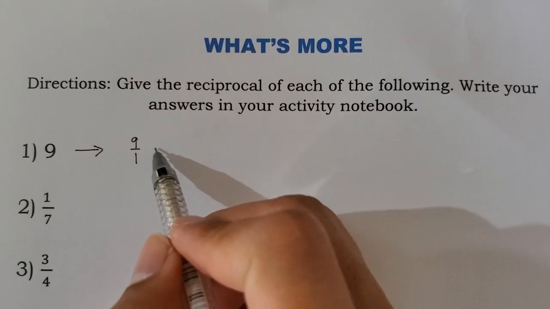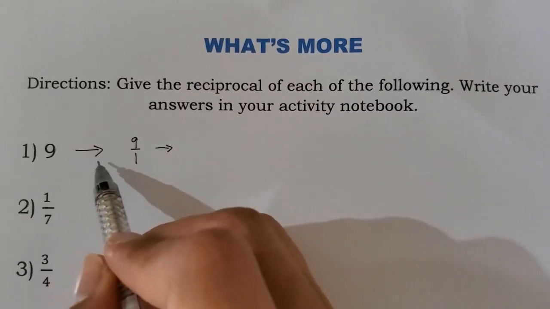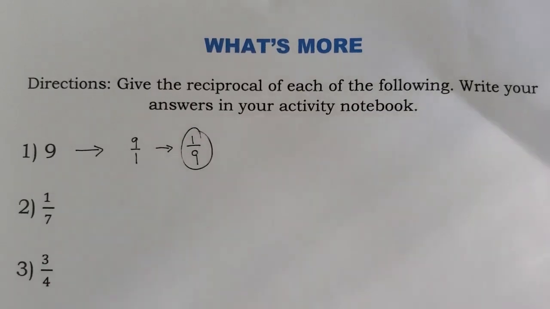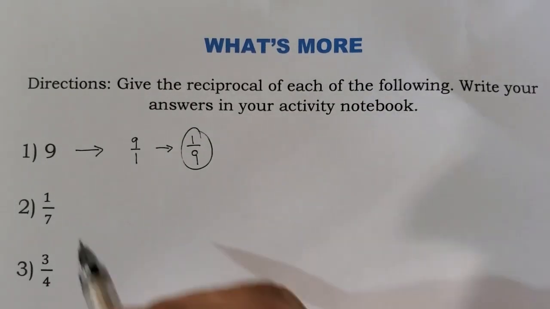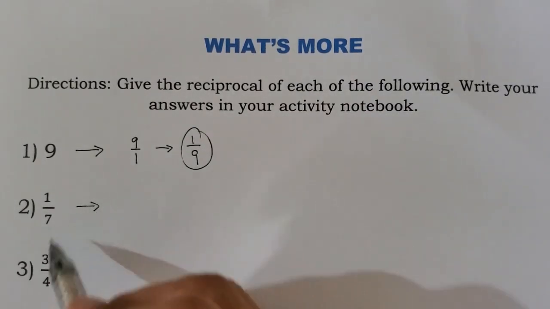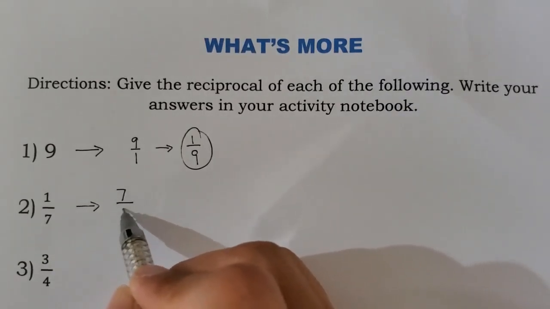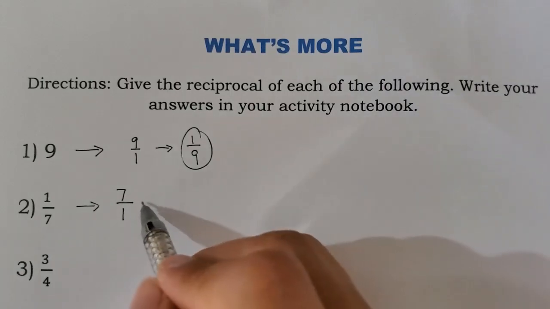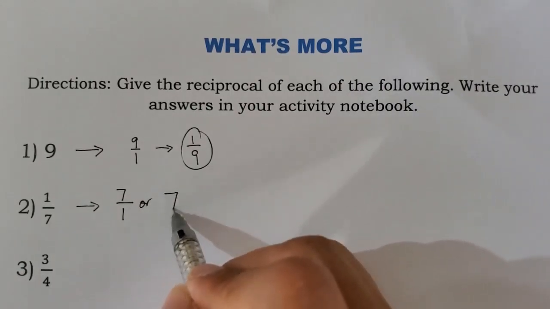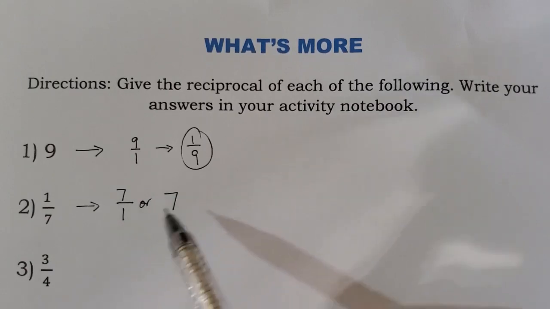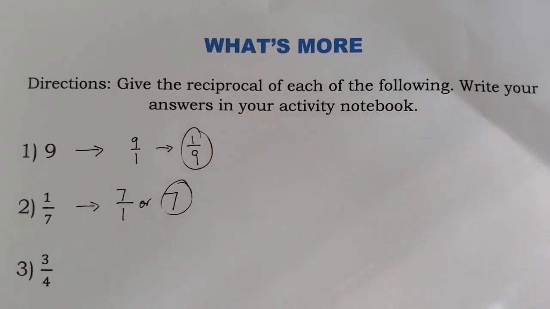So here, the reciprocal of 9 or 9 over 1 is 1/9. That's the answer for number 1. For number 2, of course, the reciprocal of 1/7. So 7 will become our numerator now, and the denominator is 1. Or that is also equal to 7, because all numbers with the denominator of 1 is a whole number. So final answer is 7.